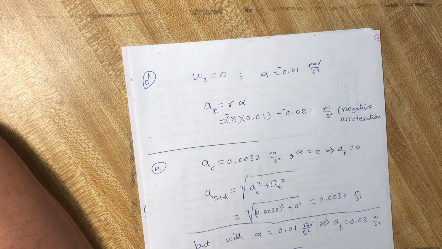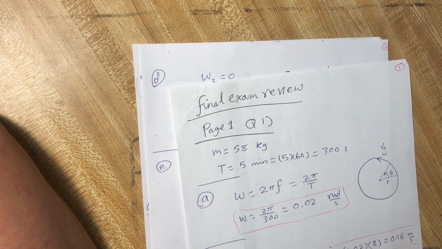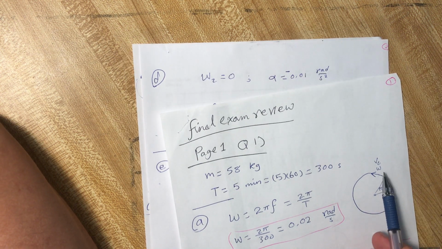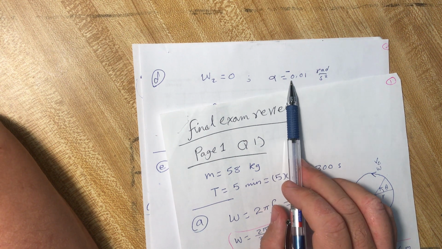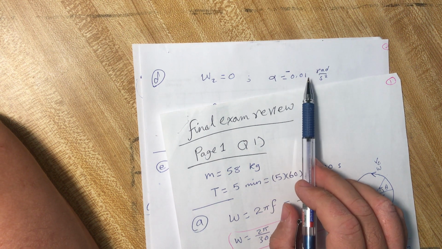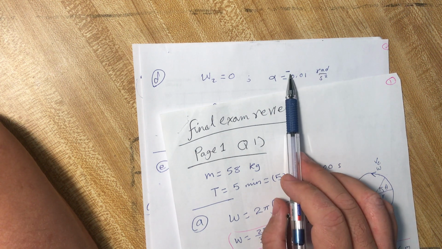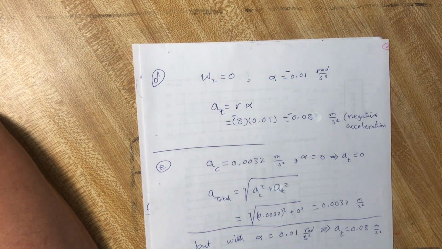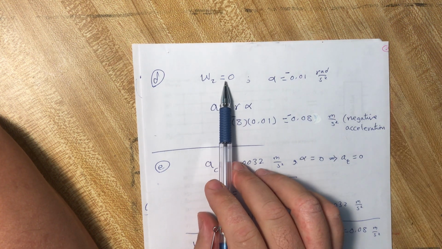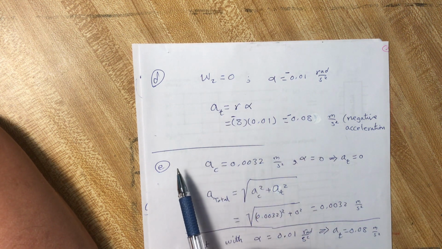Okay, now D. If this astronaut has acceleration in negative value, it is alpha, it is 0.01 radians per square second, but in negative value it is the acceleration, because we have omega 2 is 0, because at the end it is stationary.